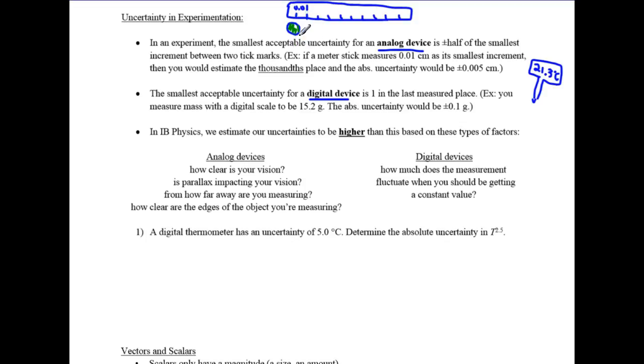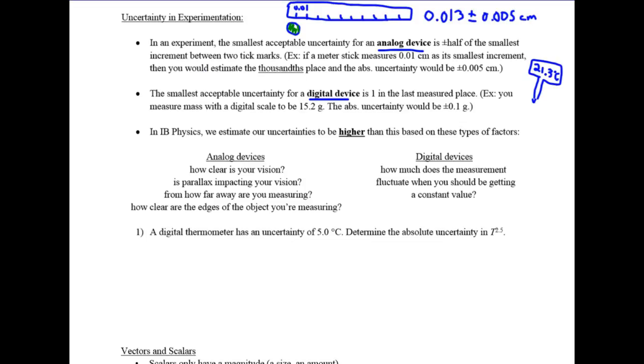So there's no way it could be 0.02, there's no way it could be 0, it's 0.01 something. So the measurement is 0.01, and then you estimate the next place. Let's say you think it's 0.013. How much could you be off? The rule is you could at most be off around 0.005, half the tick mark. So we're not going to mess this up more than half of a tick mark. That's the thought.